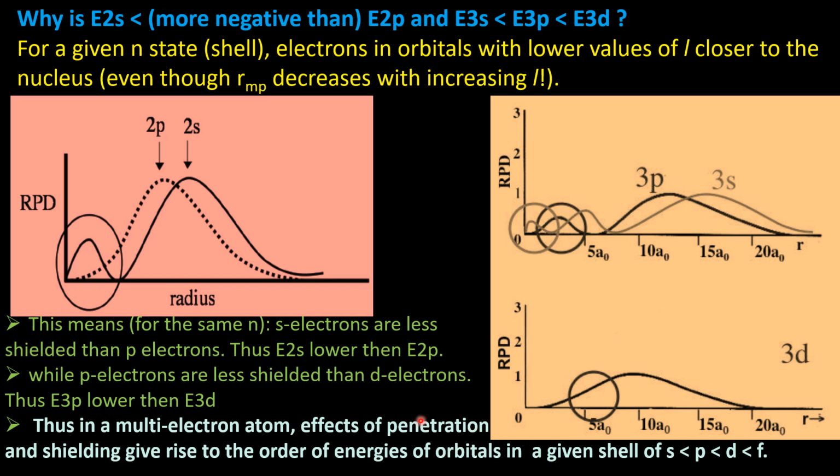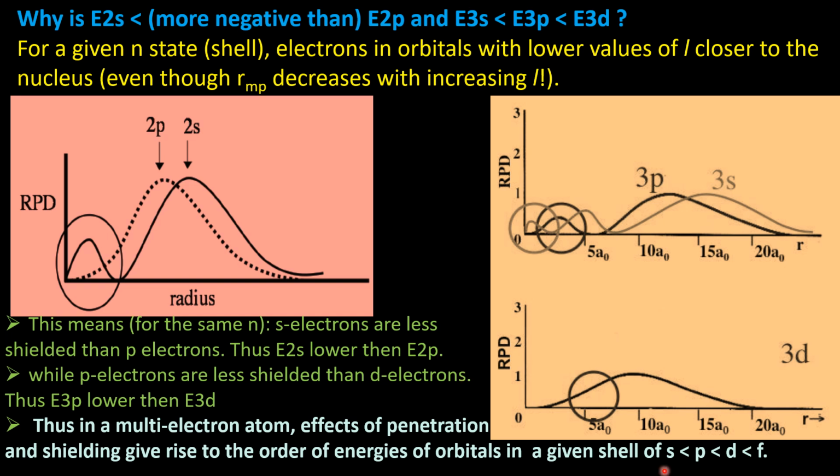That is, the more the electrons of an orbital are near to the nucleus, penetrated into the nucleus, and experience the effect of penetration and shielding, the lower they will be in energy as compared to those orbitals which are less penetrated or experience less force of the nucleus. They are shielded from the nucleus, they experience the less positive charge of the nucleus, so they will be higher in energy.